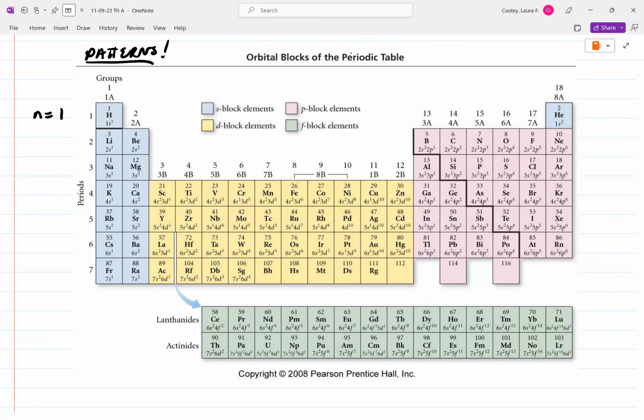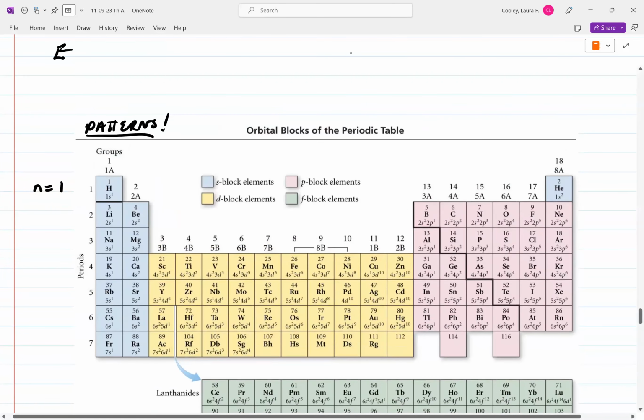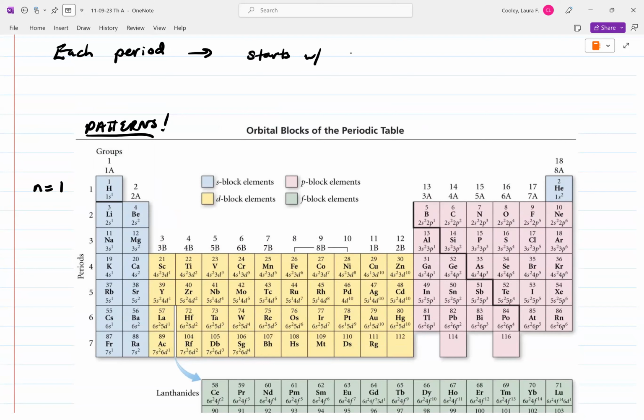Okay, first, as you go across the periodic table, each period starts with filling the next shell. So let me write that down. Each period, and that's going across, starts with filling the next shell. So here you're starting to fill the n equals 1.